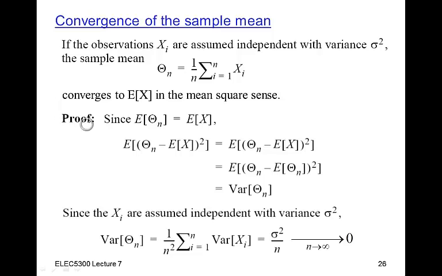So for the proof of this, we note that, since we already proved that the expected value of the sample mean is equal to the mean of the distribution, the difference between the estimate and the thing that we're trying to estimate is exactly equal to the variance, because the expected value of x is the same as the expected value of the estimate itself, and this is just the definition of the variance.